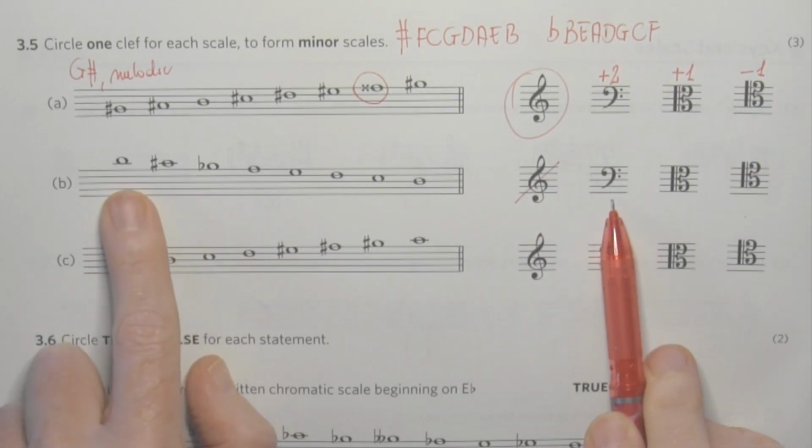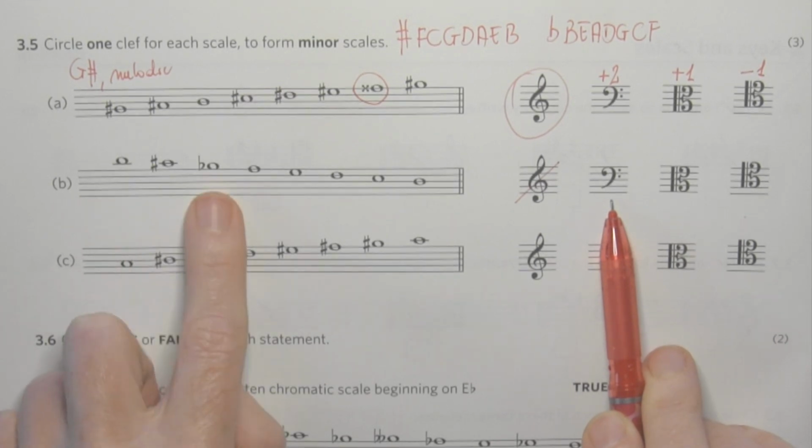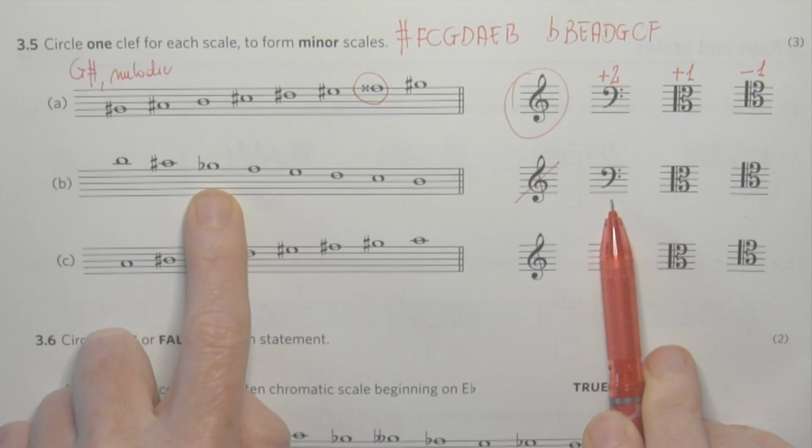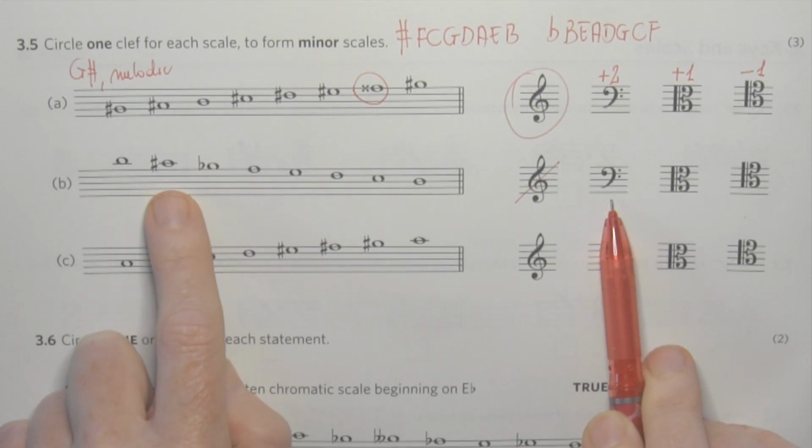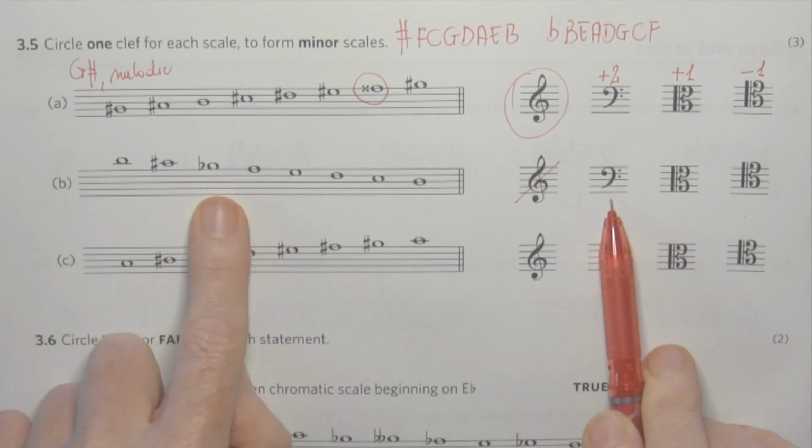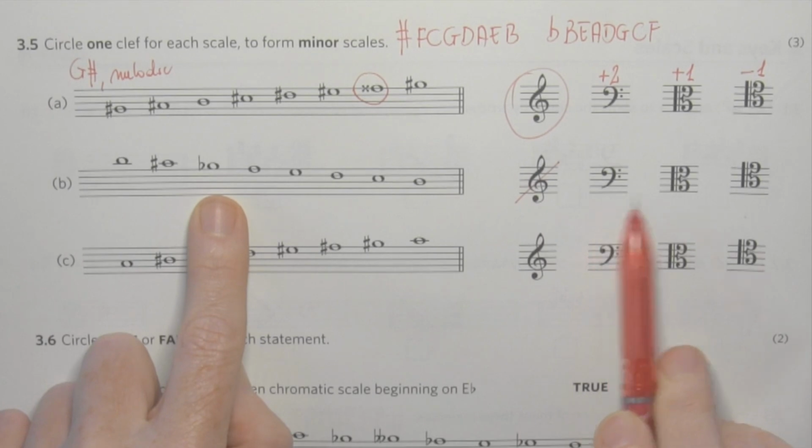In the bass clef, this is D, and D is the relative minor of F major with 1 flat, which will be this. And this sharp here indicates the leading note that has been raised. Therefore, this could be a harmonic descending scale. It could very much be.